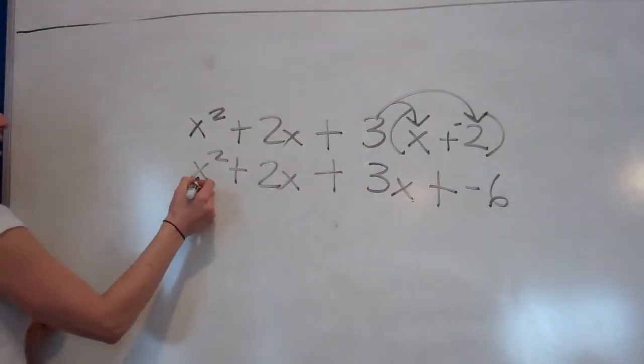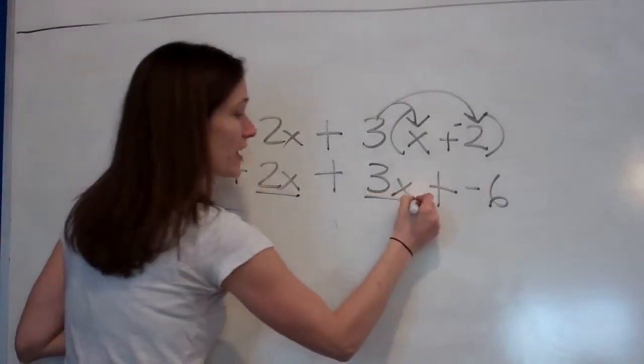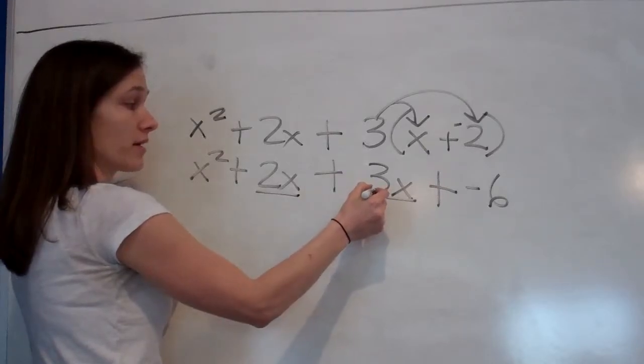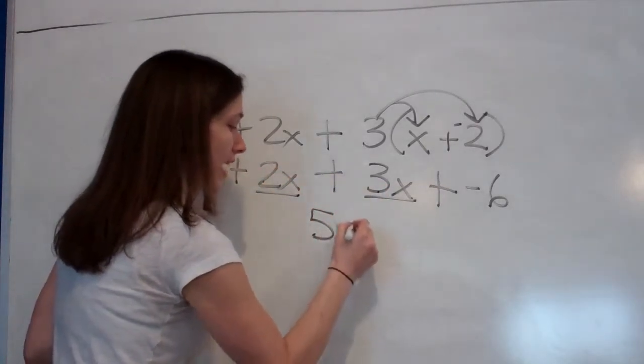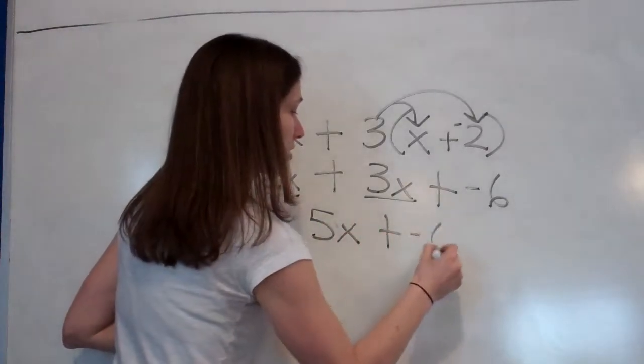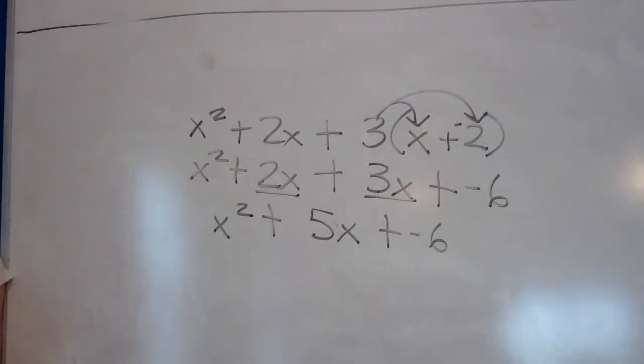So we're going to put these together, which makes, we're adding, 5x, and then we just bring everything else down. Is there anything else we can do? Are there any other like terms that need to be put together? Don't you want to put the 5x last? No, it doesn't matter how you do it. It's fine. You just need those 3 terms.